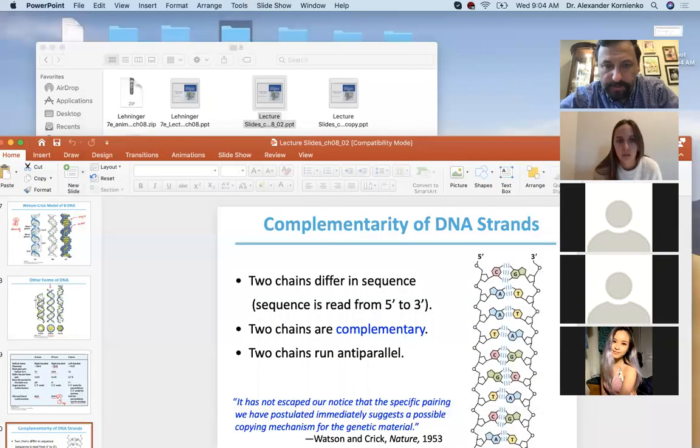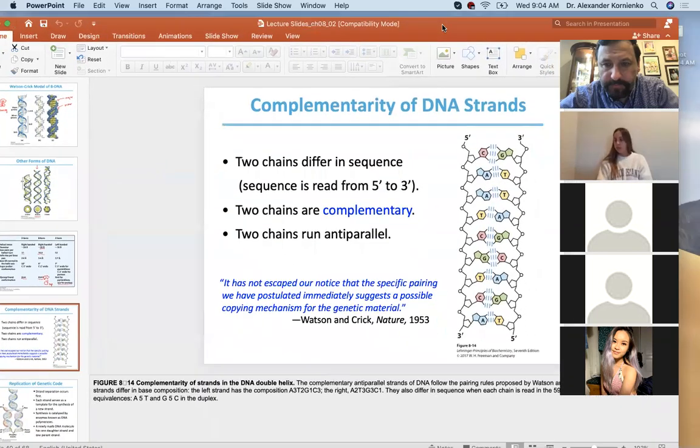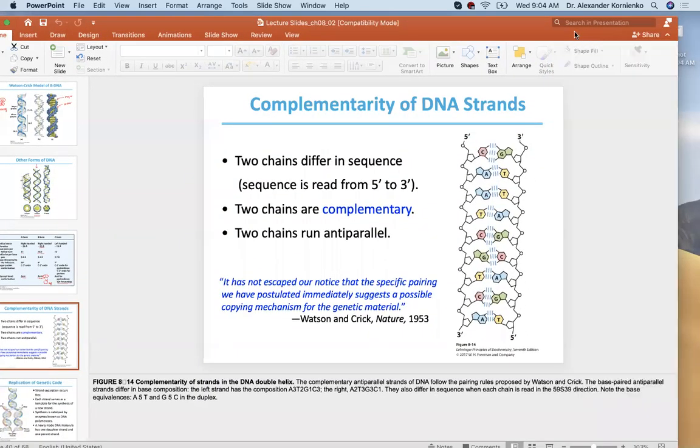We talked about double-stranded DNA last time. We talked about A-DNA, B-DNA, Z-DNA, and so here are our two strands. A pairs with T, G pairs with C in DNA. So obviously the two chains differ in sequence.